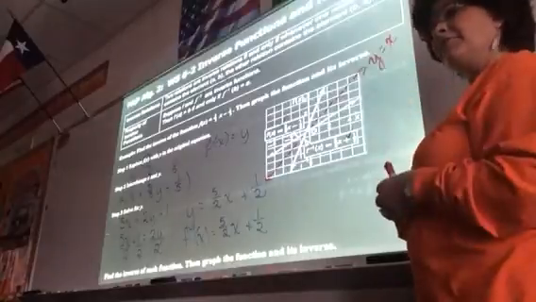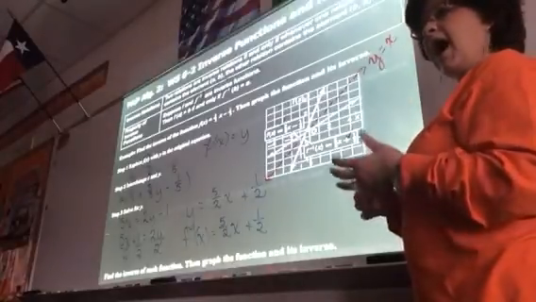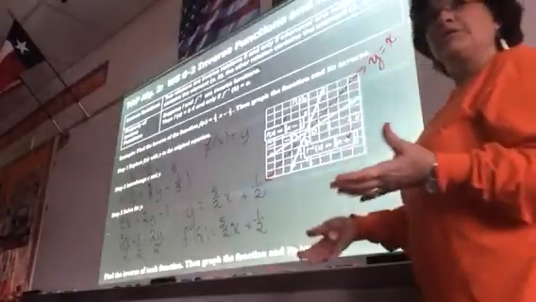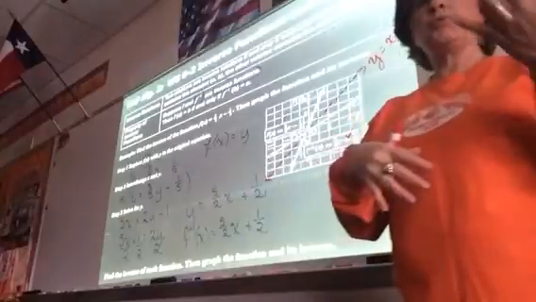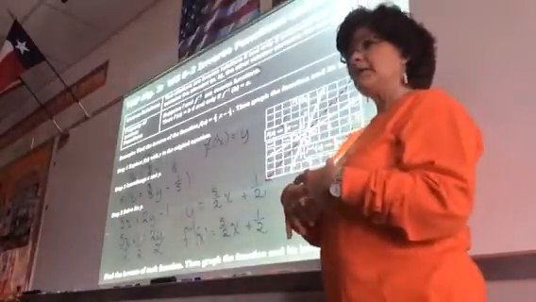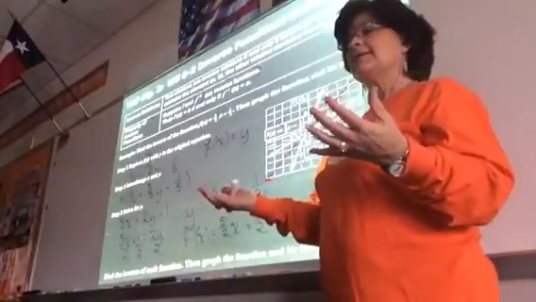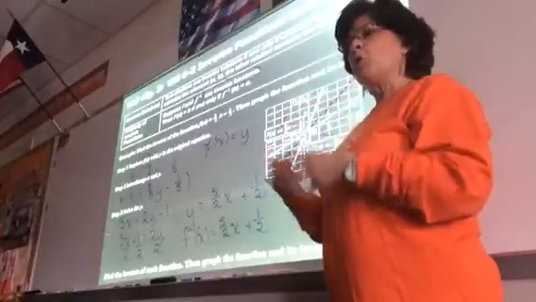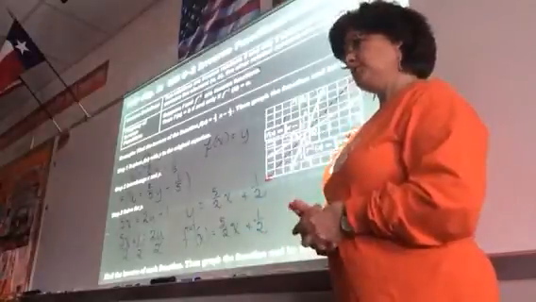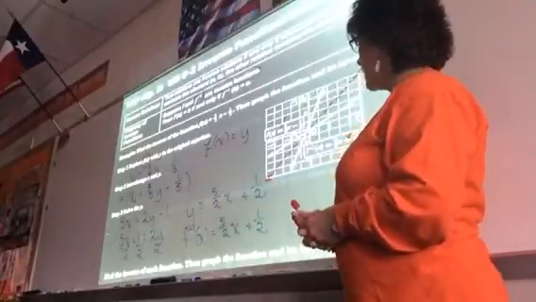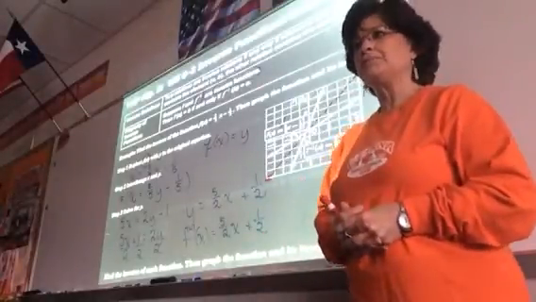Okay, here's an interesting fact. I don't care what inverses you graph. They can be inverse lines, they can be inverse parabolas, they can just be inverse points. Inverses will always be reflections of each other across the line y equals x.